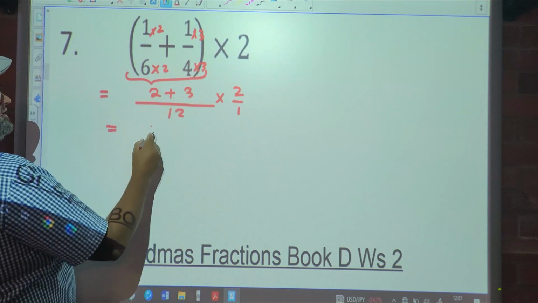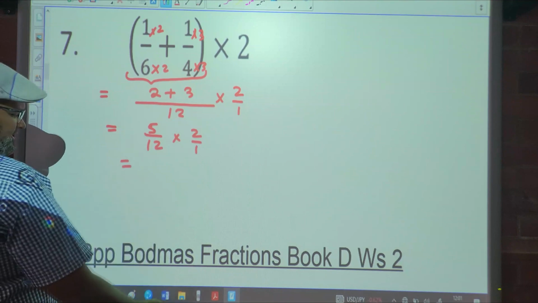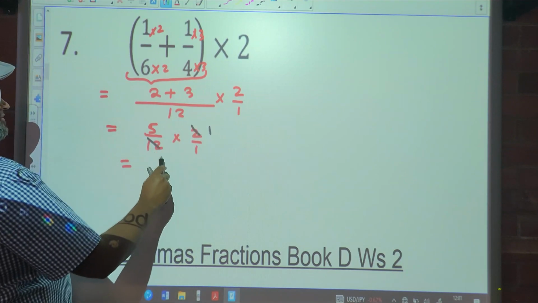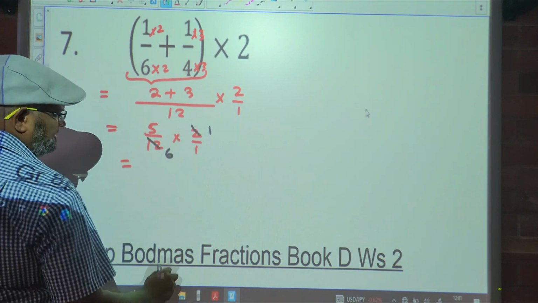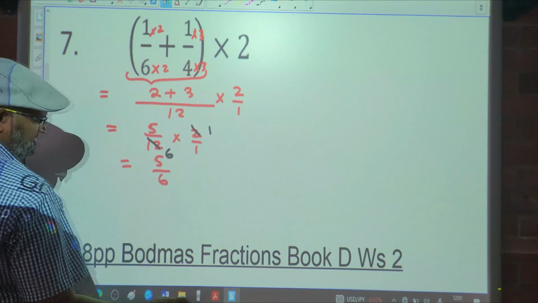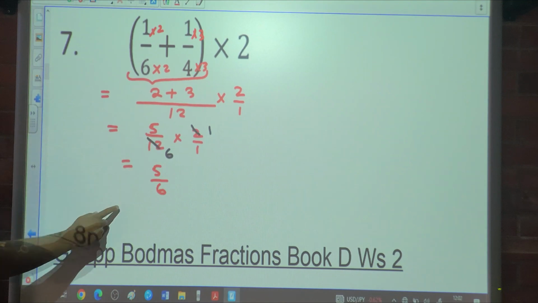What's 2 plus 3? 5. 5 over 12 multiplied by 2 over 1. Is there anything to cancel here? Yes. 2 goes into 2 once. 2 goes into 12, 6 times. So 5 multiplied by 1 is 5, and 1 multiplied by 6 is 6. The answer is 5 over 6. Okay.